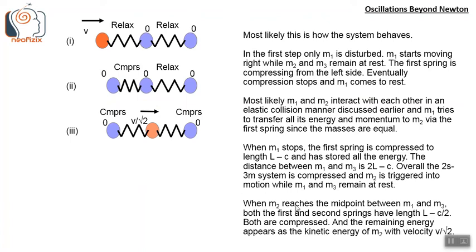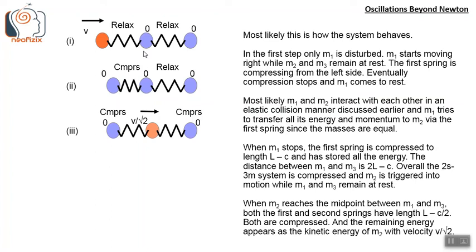When M2 reaches the midpoint between M1 and M3, where M1 and M3 are at rest, both the first and the second springs have length L minus C by 2 now. So both are compressed to a little extent, by half an amplitude. Both are compressed. And the remaining energy appears as the kinetic energy of M2 with the velocity v by root 2.